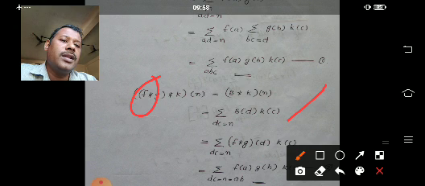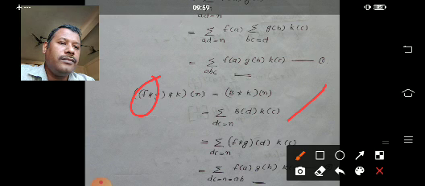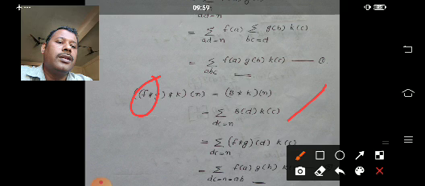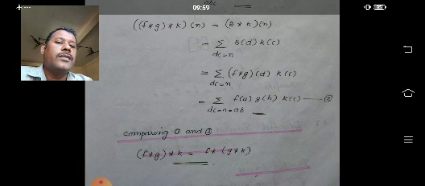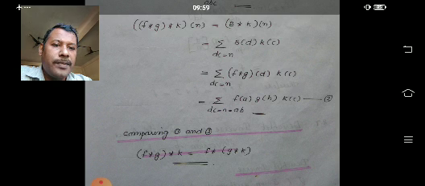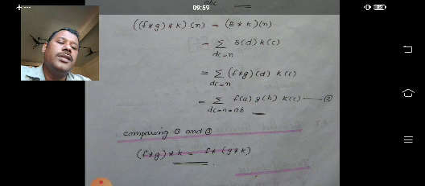That means the summation over dc equal to n of (f star g)(d) k(c). Okay. (f star g)(d) means f(a) g(b). Okay. dc equal to n equal to ab. The summation over dc equal to n of f(a) g(b) k(c). Comparing these two equations, we get (f star g) star k equals f star (g star k). Okay.